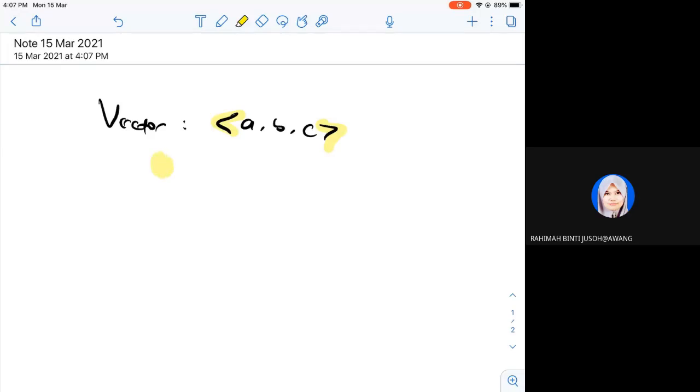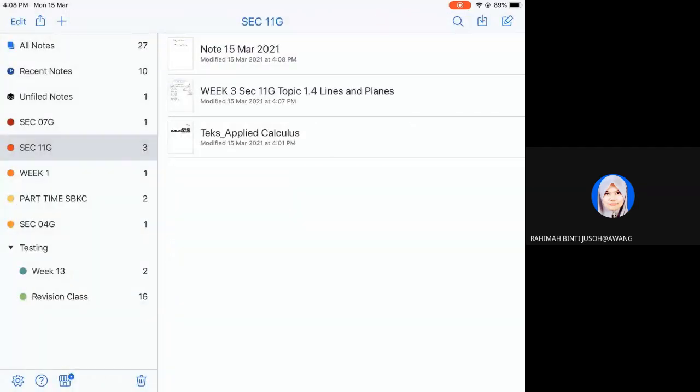Or you can also write the vector as a i plus b j plus c k. So these are two notations for vector. Either you use the sharp bracket above, or you denote your vector with i direction, j direction and k direction. It's the same thing, it's up to you. Which one are you comfortable to use? Either the first notation or the second notation. This is the way of writing vectors.